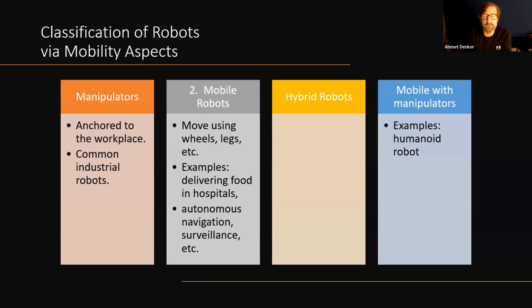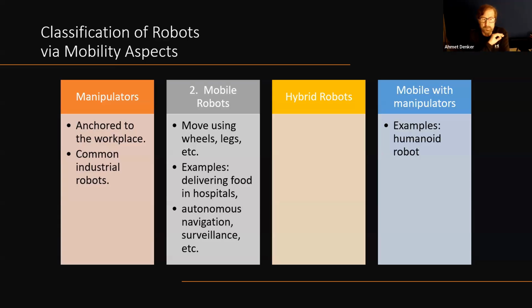Now remember the robots in Expo 2005, the Honda Asimo robot or Sony's robot. They are humanoid robots. They are also hybrid robots because they have the motion capability and they also have manipulators attached to their body. So let's summarize.